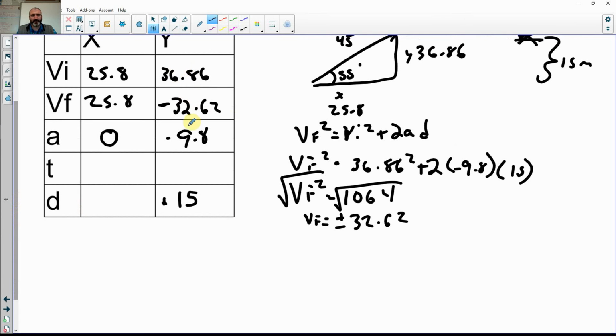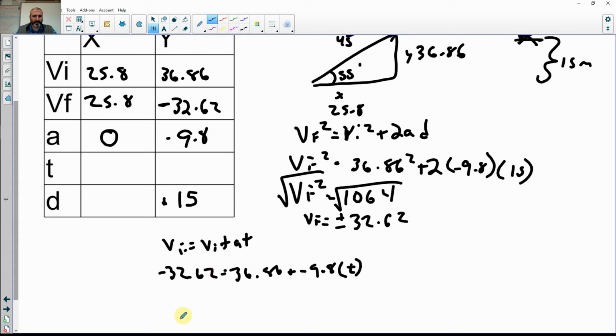And now I can start looking at my time. So I've got a VI and a VF and an A. I can figure out T. VF equals VI plus AT. So negative 32.62 equals 36.86 plus negative 9.8 T. So negative 32.62 minus 36.86 equals negative 69.48 equals negative 9.8 t.